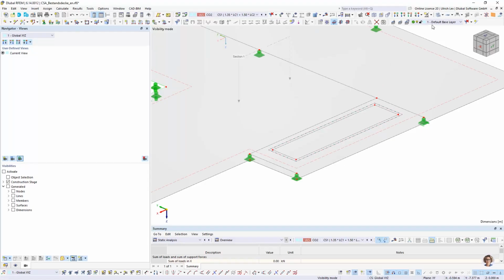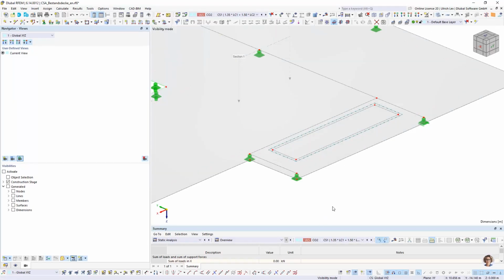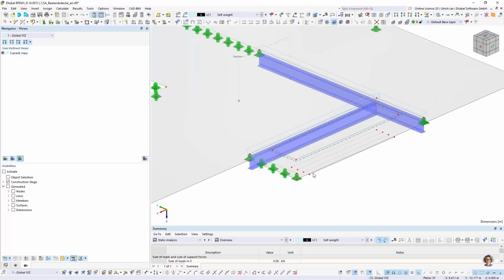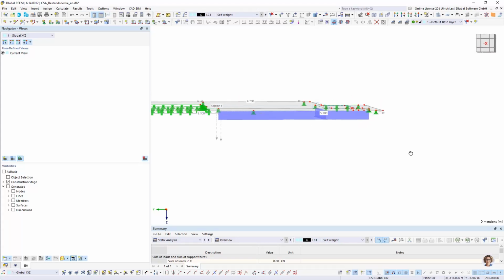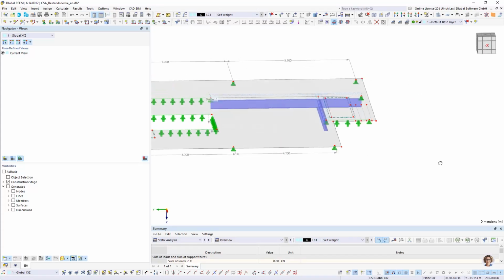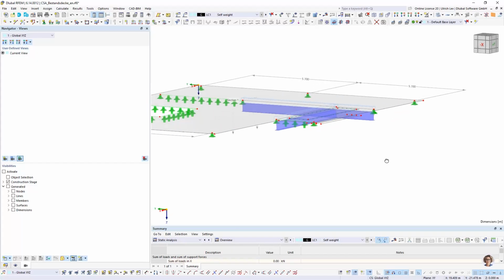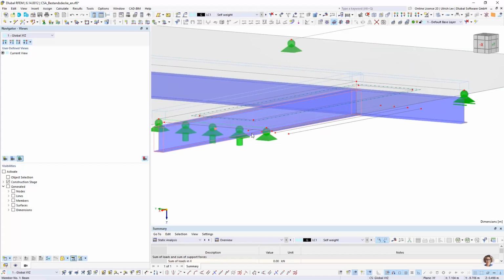Therefore, I created here some lines. So these lines are not exactly in the surface. They are downside of the surface.